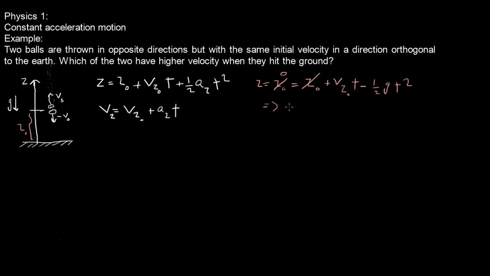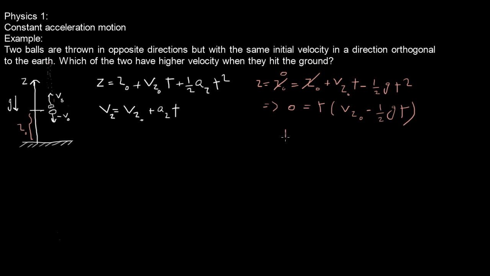I factor t: t times VZ0 minus half g t equals zero. As you can see, this equation has two solutions for time.